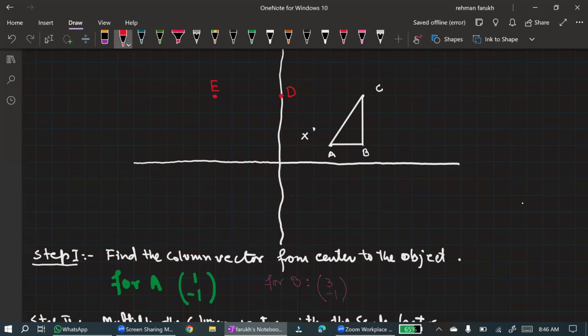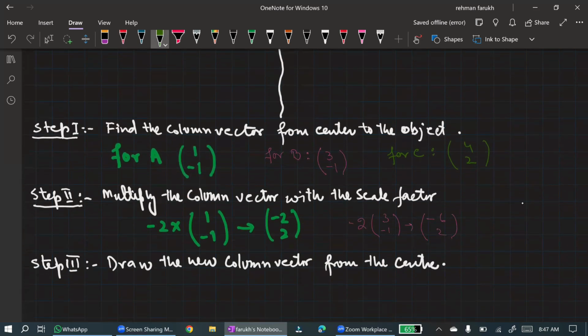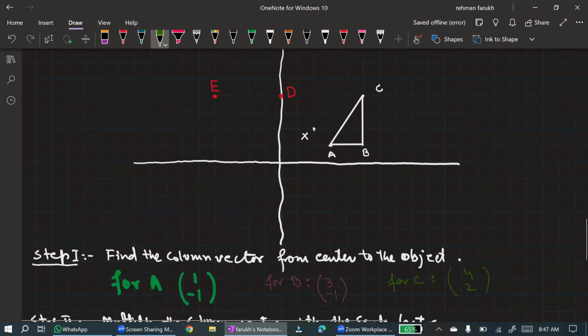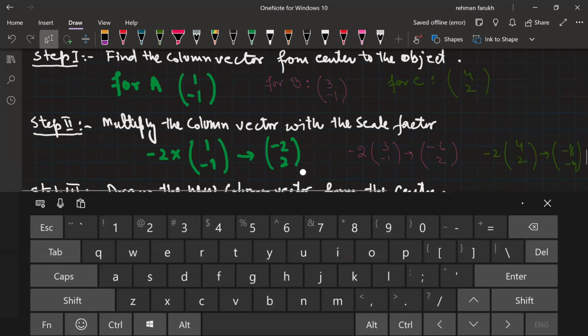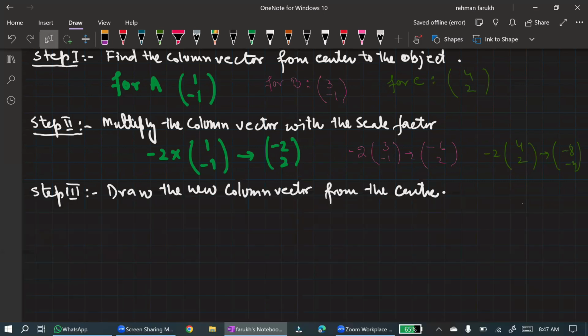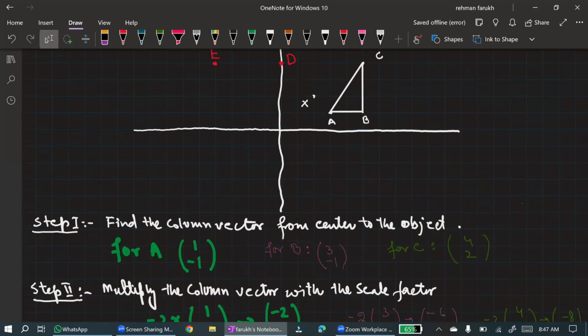What's the column vector for C? Sir, 4, 2. 4, 2? No. Please rethink over it.